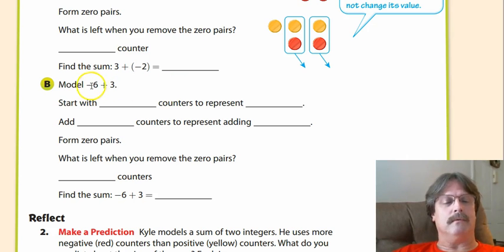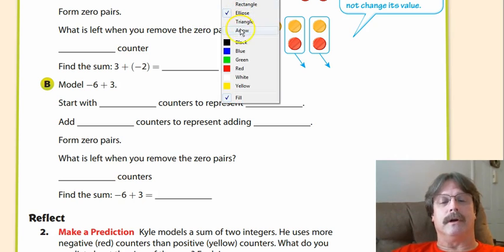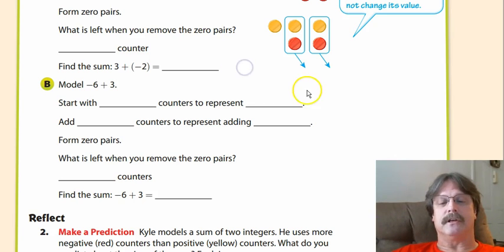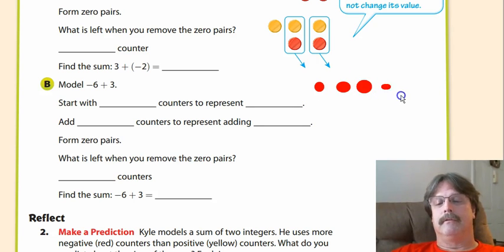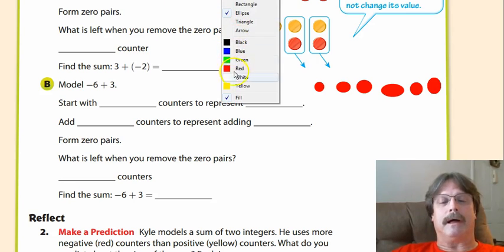If we continue on, we have model negative 6 plus 3. So if we bring in our chips, I'm going to bring in the negative 6 first. So there's 1, 2, 3, 4, 5, 6. And change my colors to represent positive.